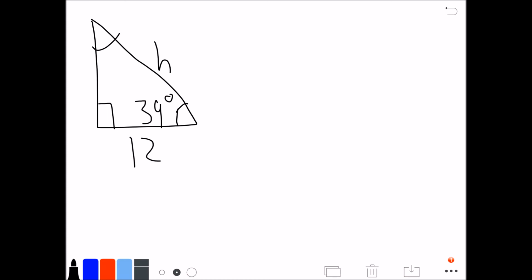So the first thing you always want to do is figure out whether to use sine, cosine, or tangent. You have to find the hypotenuse, so you cannot use tangent because tangent does not involve the hypotenuse. So now there's sine or cosine left. Is your side 12 adjacent or opposite your angle 39 degrees?